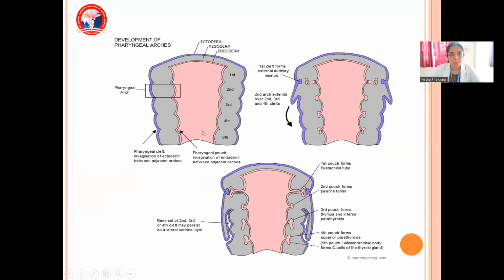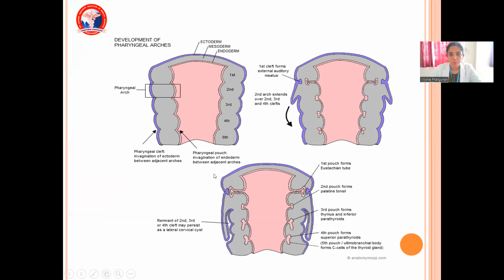This is the endoderm, these are the pharyngeal arches, and these are the ectoderm. Ectoderm gets dipped in between the arches, hence you call it an ectodermal cleft. Subsequently, these ectodermal clefts will modify and give rise to some structure.